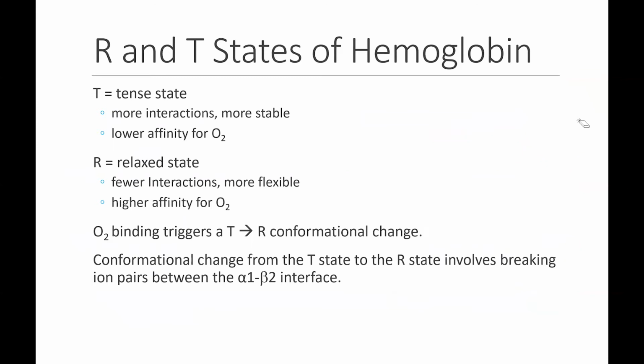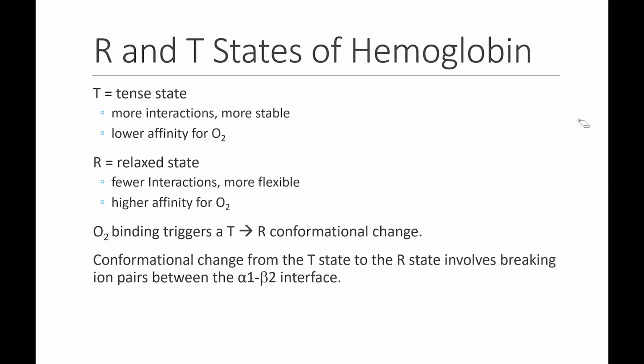Now, this cooperativity in hemoglobin has been very well described, and we have given names to the 2 states of hemoglobin when it is either in its low affinity or high affinity state. The T and R state. T stands for tense state.